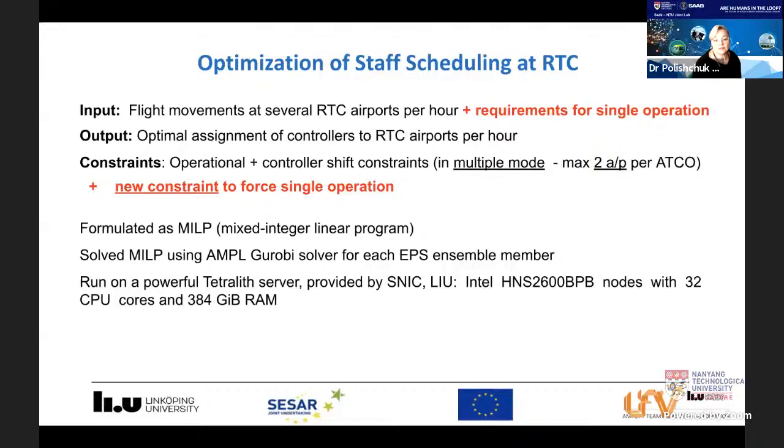We want the airport which is experiencing bad weather conditions to be controlled in single operation by only one controller who can concentrate all his attention on this airport. Again, we work on our optimization framework, which is implemented as a mixed integer linear program, and it's solved using the AMPL Gurobi solver on a very large, powerful server provided by Liu Facilities SNCC.